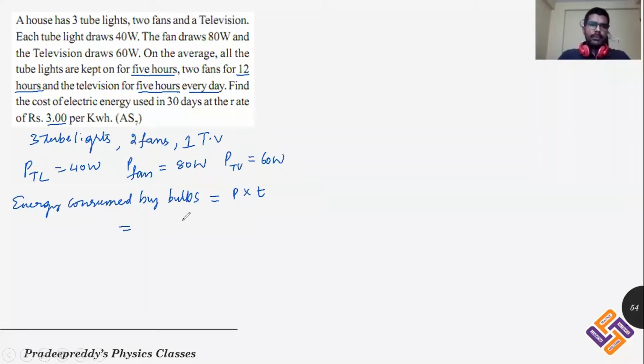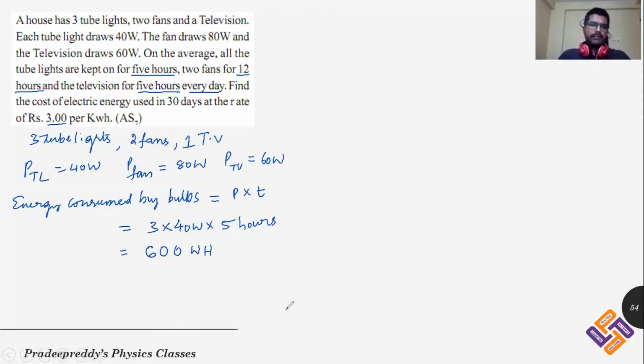Power of each tube light is 40 watt, kept for 5 hours, and there are 3 tube lights. So it is 3 into 40 watt into 5 hours, which is equal to 600 watt hour. This is the energy consumed by the bulbs.